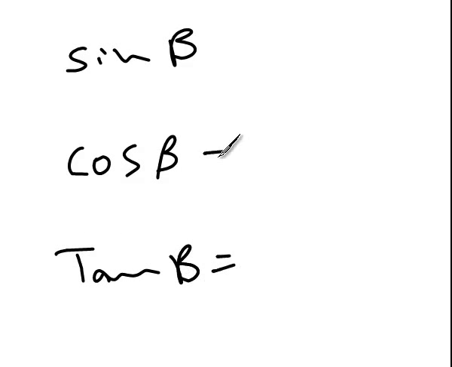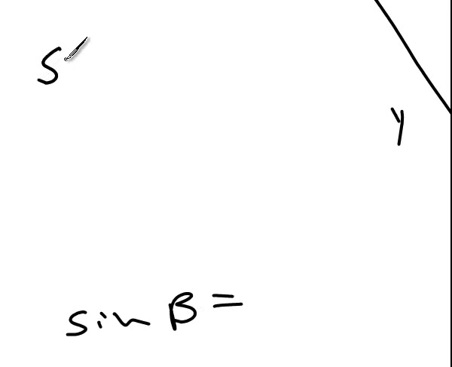Okay, go ahead and find those values. We don't have numbers, we just have Z, Y, and K. All right, so you're just trying to find the ratio based on SOHCAHTOA.